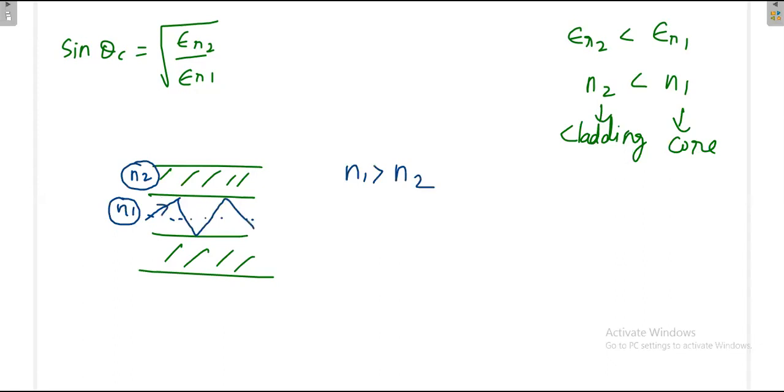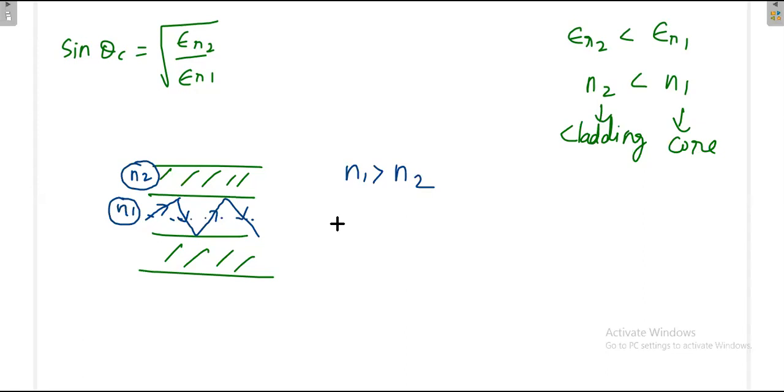Otherwise, if you are not satisfying this condition, there will not be total internal reflection. Your light rays will go to the cladding and decay in the cladding itself. It cannot be taken to a longer distance. If there is total internal reflection, then only your light rays can go to a longer distance. That is the idea of fiber optics.